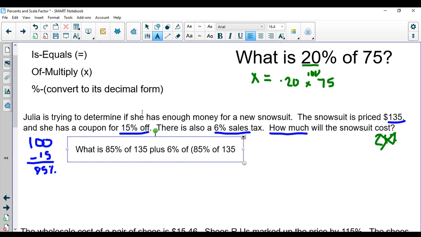Okay. So this is what we are looking for. I know it looks a little complicated, but it is actually easier than it seems.